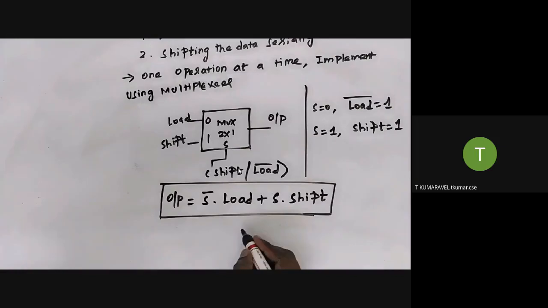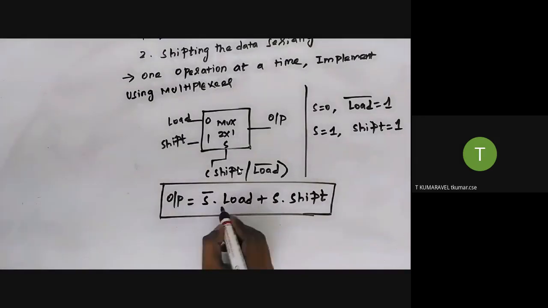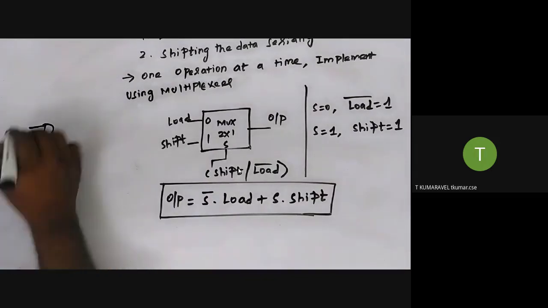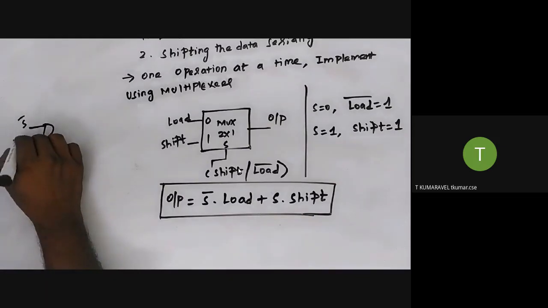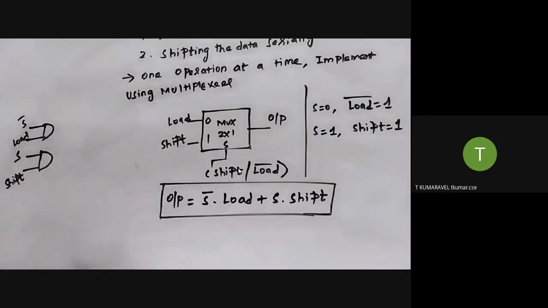Same thing I'm going to implement using gates. How do you implement that? This will be implemented using one AND gate, and this can also be implemented using one AND gate. What is the input for the first AND gate? S bar, and the second one is the load. What is the next one? S. What is the input for the next one? Shift.